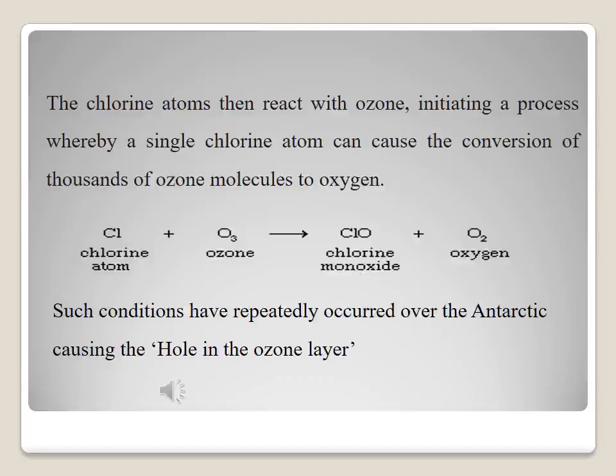Hence, ozone is depleted. Ozone depletion does not mean that a hole is created in the ozone. It means that the ozone gets thinner at any end from where ultraviolet radiation can easily damage life on Earth. Such conditions have repeatedly occurred over the Antarctic, causing the hole in the ozone layer.